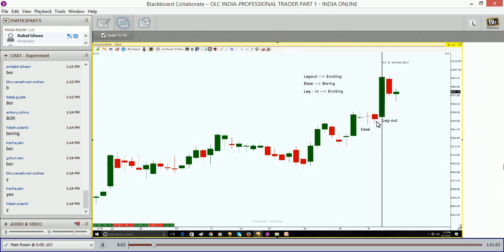Now next to these three base candles over here, this green candle, is it a boring candle or an exciting candle? Exciting. I call this exciting candle my leg in.